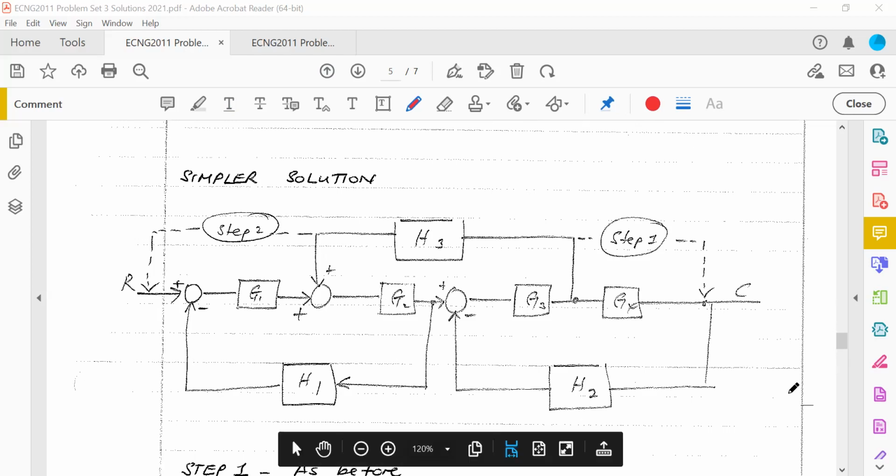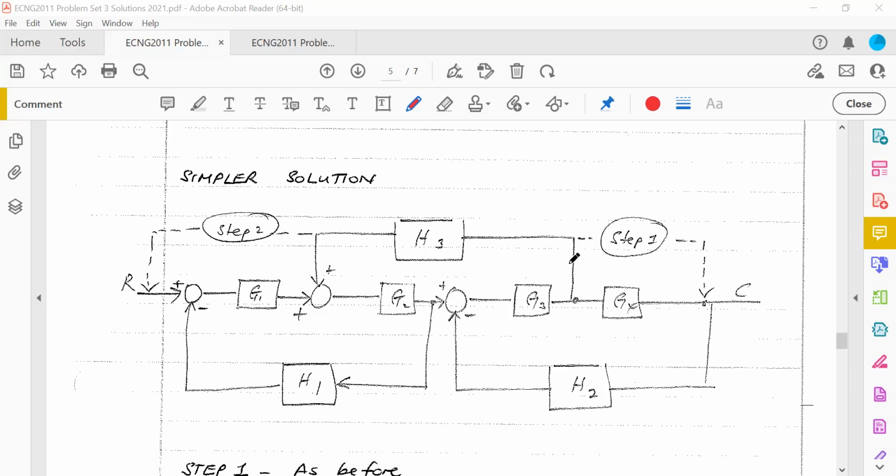And notice that if I, step one, which is where we started, shift the takeoff point from before G4 to after G4, which was the first step that we took in the last approach. And then the second step, shift this summing junction from after G1 to before the first summing junction.